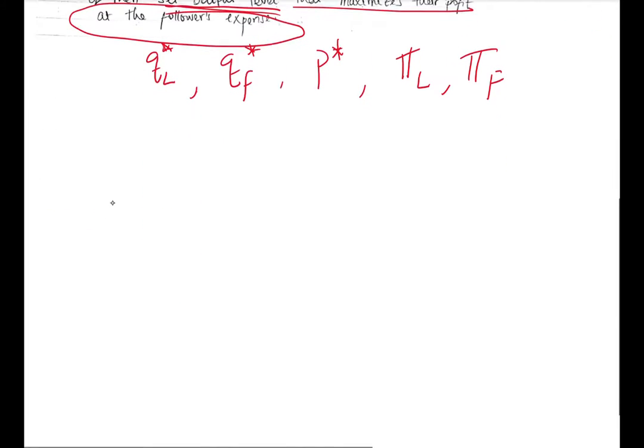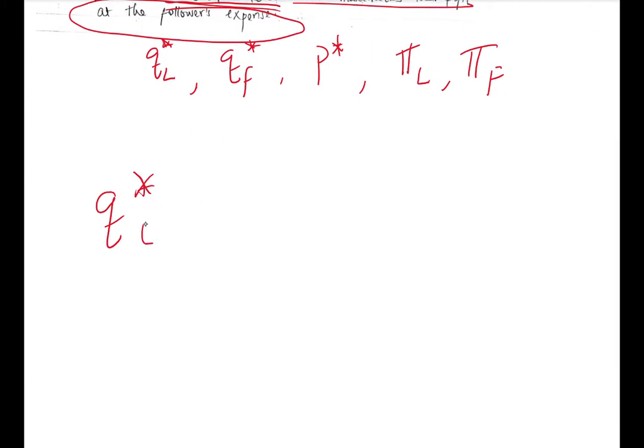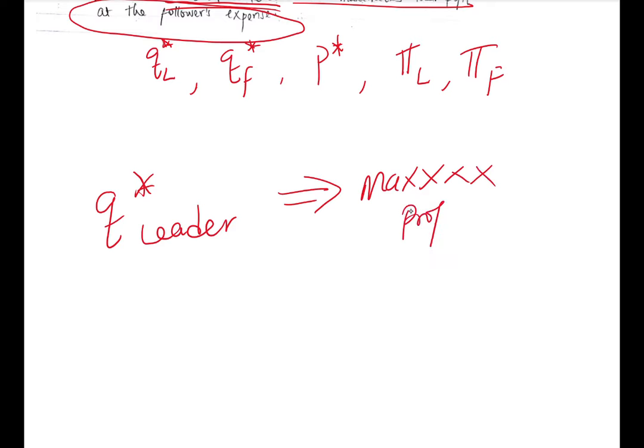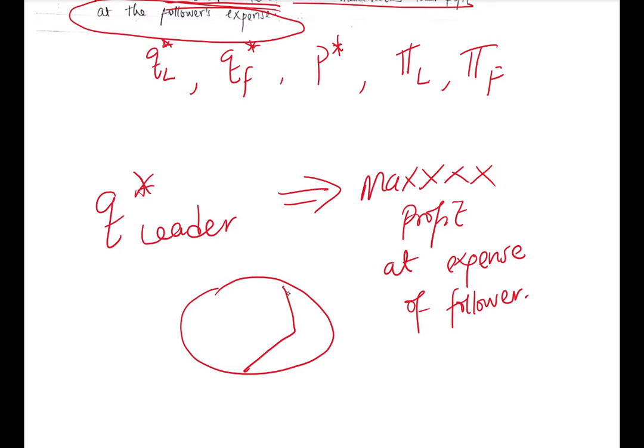So whatever Q they decide, Q star leader, they're going to pick the Q that will help them maximize profit as much as possible, but at the expense of the follower. In other words, they will try to get as much of that market share as they can, because getting this quantity is the most profitable for them.